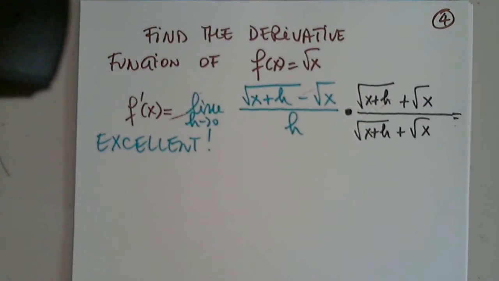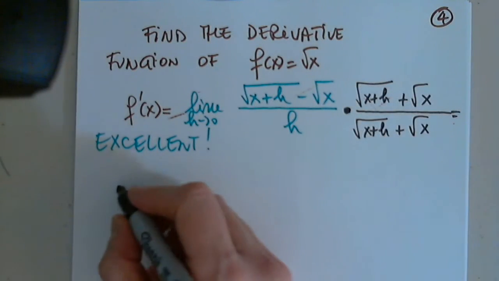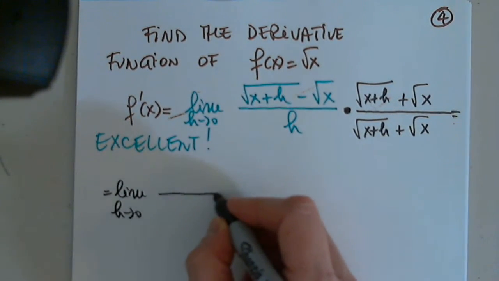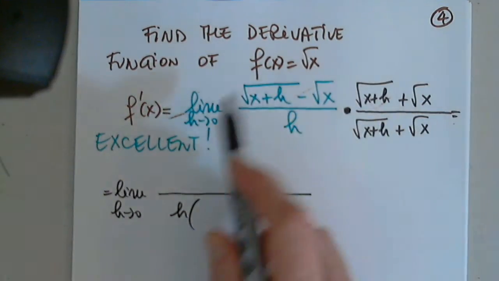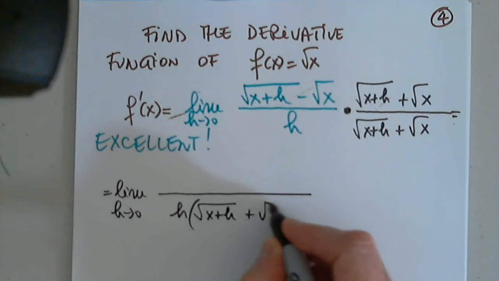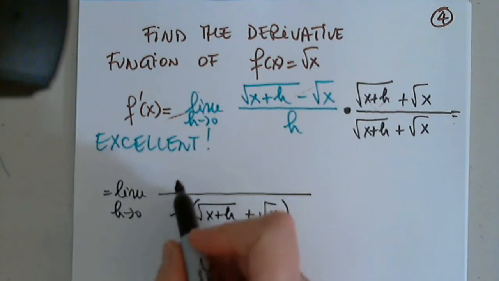Okay, moving on. Can anyone give us the numerator? Gia, the numerator. Would the square root of x's cancel out? The numerator, please. I'm saying, would the square roots of x cancel or no?